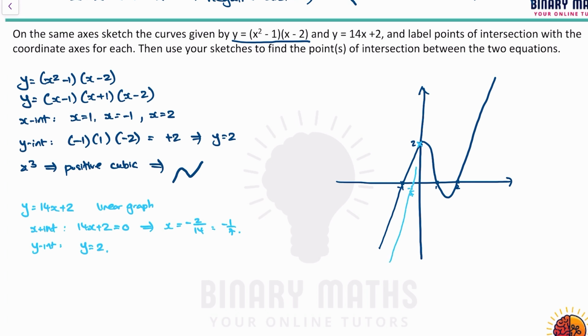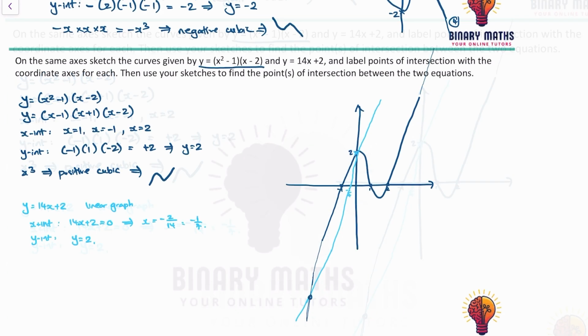Then go like this. Now what we do know is eventually, because the cubic graph is getting bigger quicker, or smaller quicker, depending on which side you look at it, it's going to overtake it. So there will be a point of intersection here, and in a similar way it will overtake on the other side as well.